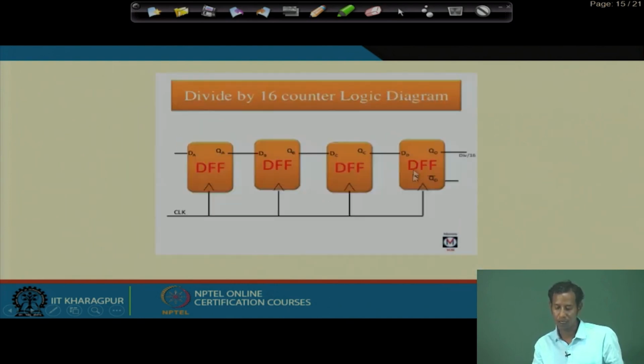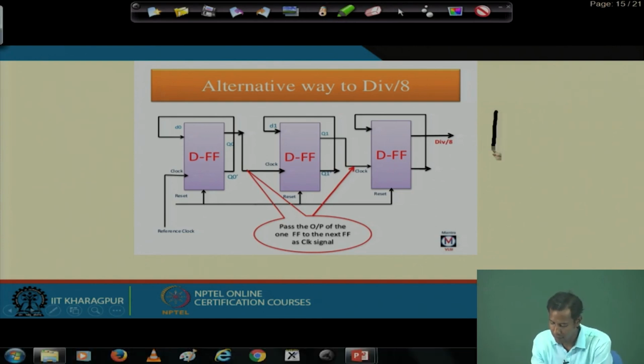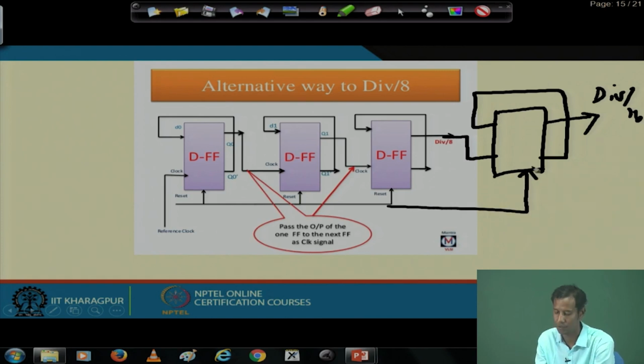So, 4 flip flops, how will they be connected? In the same manner, the output of this will be connected to another flip flop over here, where this is the clock, and the output will be something like this, which will produce divide by 16, and here is the reset signal which is coming.